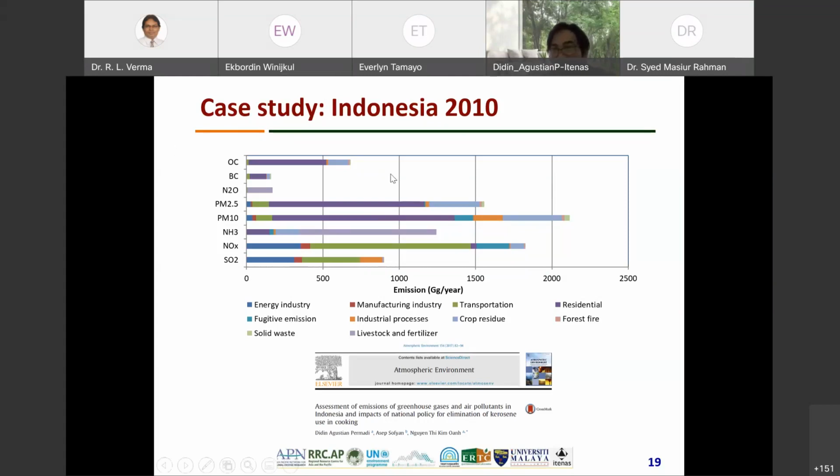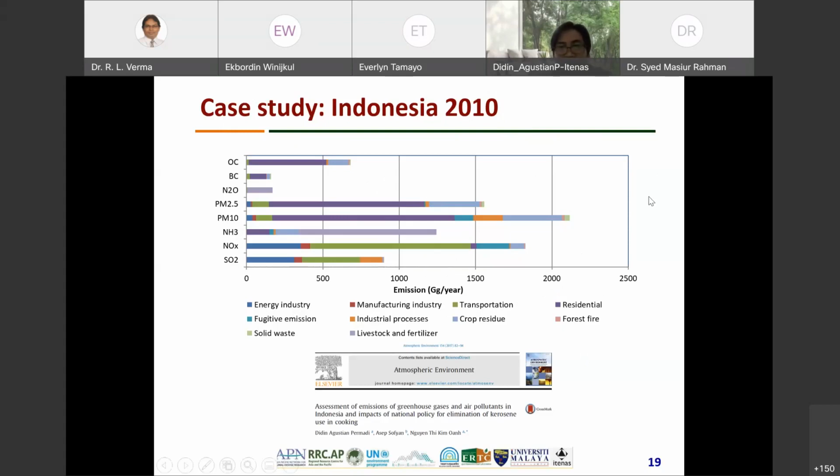So this is one of the typical results of an emission inventory. We can present the relative emission strength from various sources for different types of species covered in the inventory. For example, PM 2.5 is mainly dominated by residential combustion. As we know, in 2010 forest fires did not occur intensively at that time.